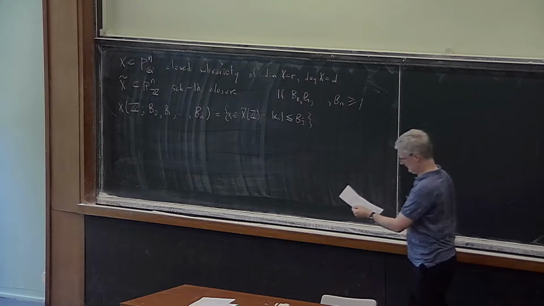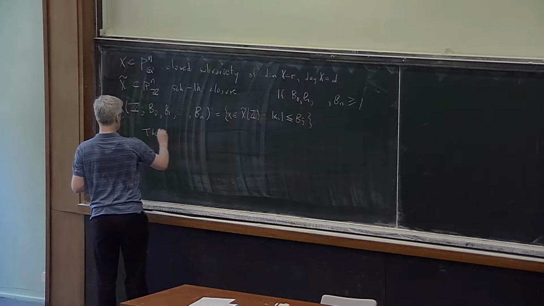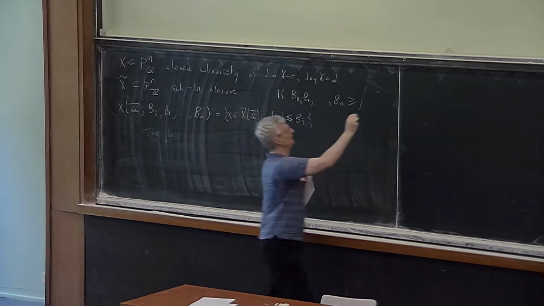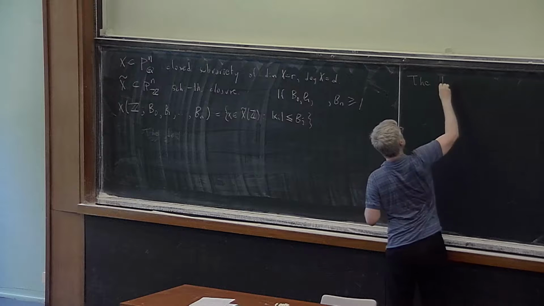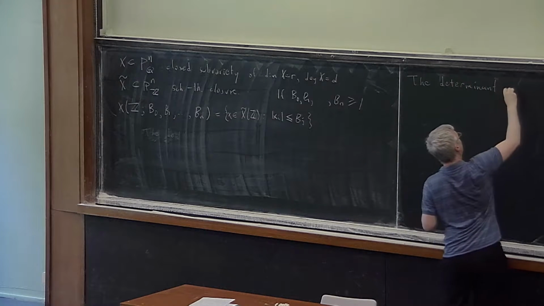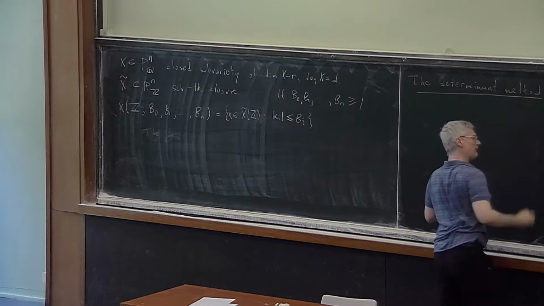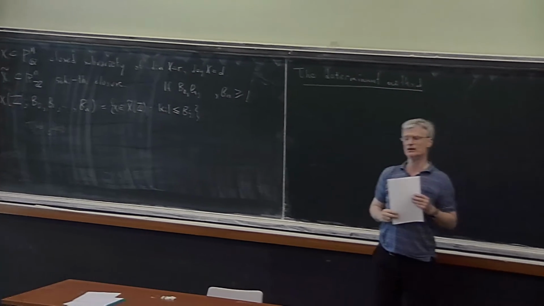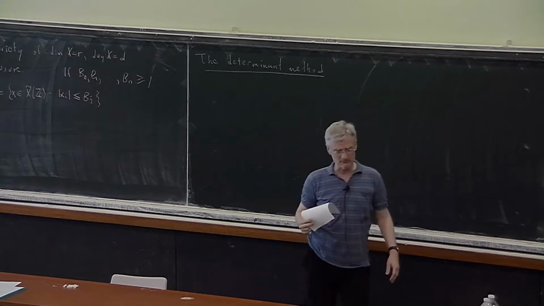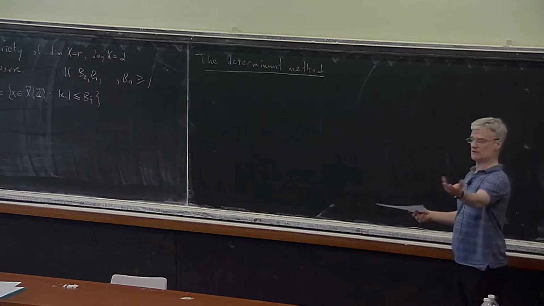So now let me describe the determinant method. The first paper was on affine plane curves by Bombieri-Pila, and then it was largely expanded by Heath-Brown, who looked at arbitrary hypersurfaces, but still there was only one equation.